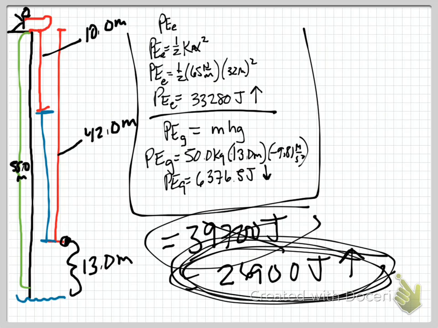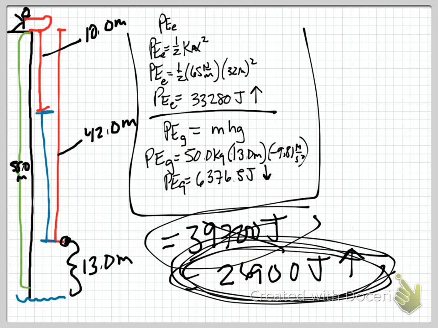However, the net potential energy that's there, the actual potential energy where the jumper could actually move, is 26,900 up.